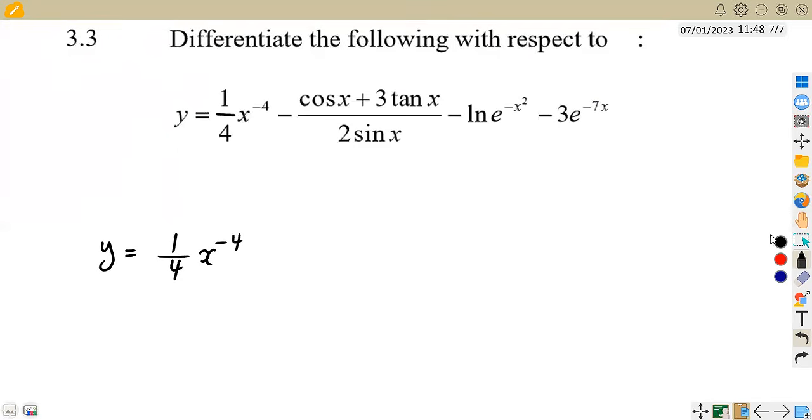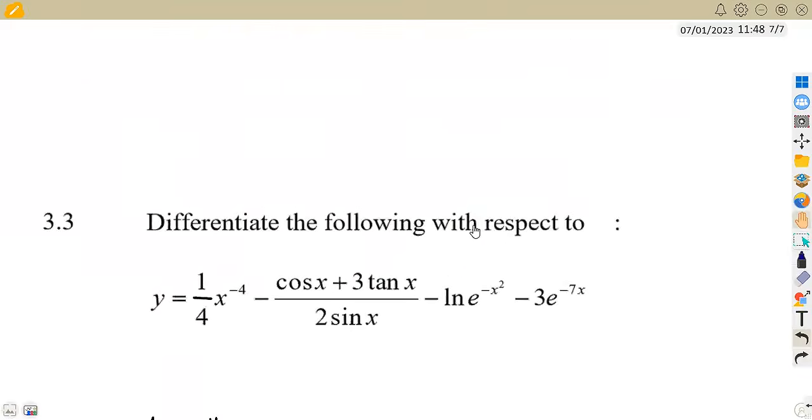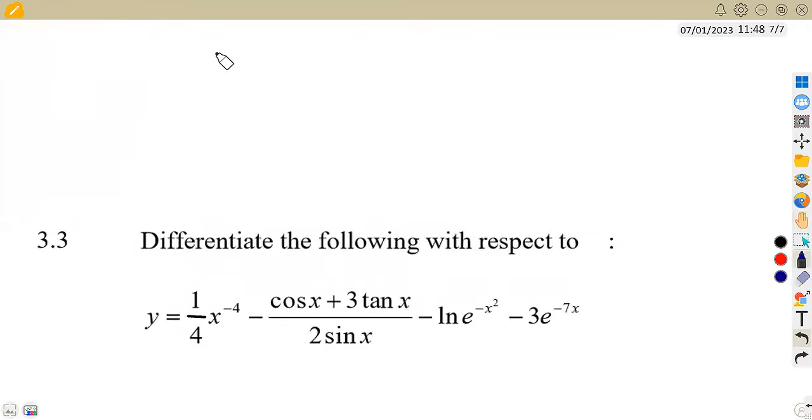Take note, remember I talked about this condition: if we've got a single term on the trig and a single term in the denominator, you can think of separating your fraction. Remember, there's a negative here. This negative is not for cos only. It's for everything that you're going to get here after expanding.